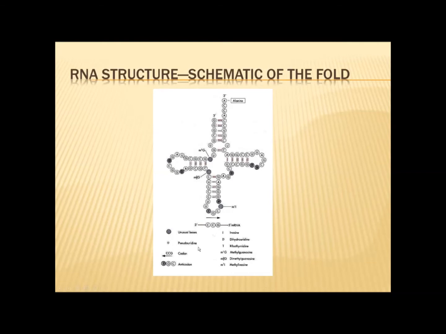And so you're going to find something called a pseudouridine, a dihydrouridine, an inosine, a ribothymidine, a methylguanosine, a dimethylguanosine, and a methylinosine. Again, there's nothing definitive about why these unusual bases are formed, but you can see just from this representation, they are formed at these junctions.